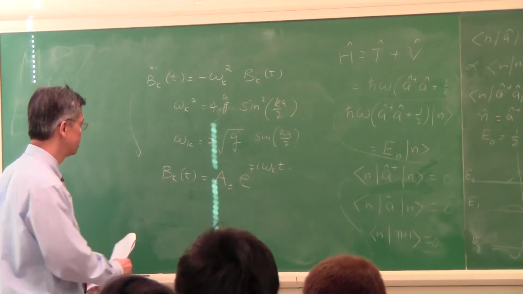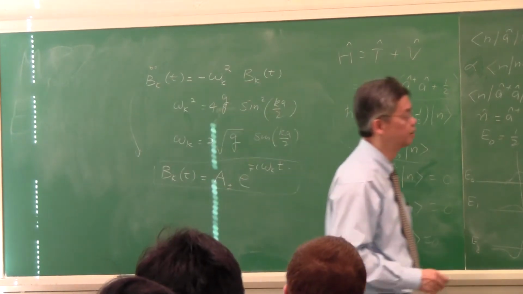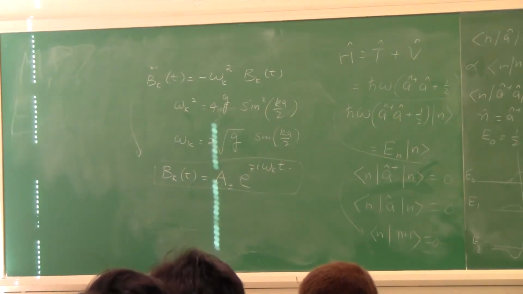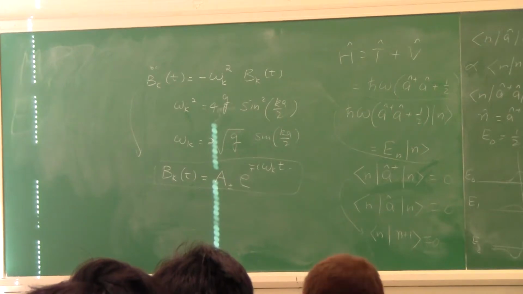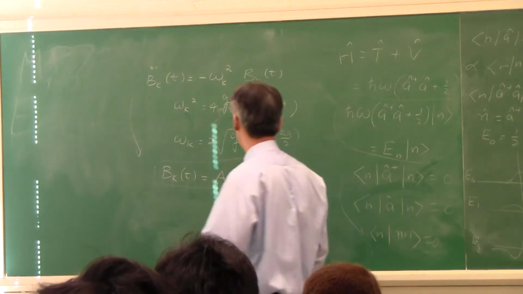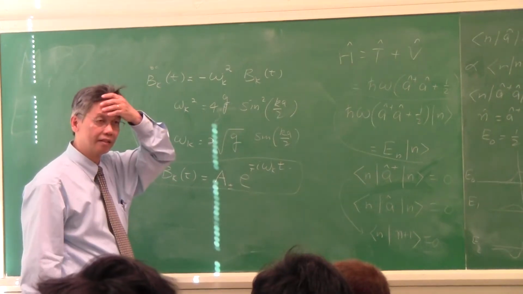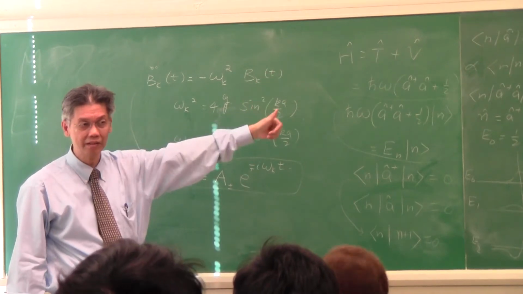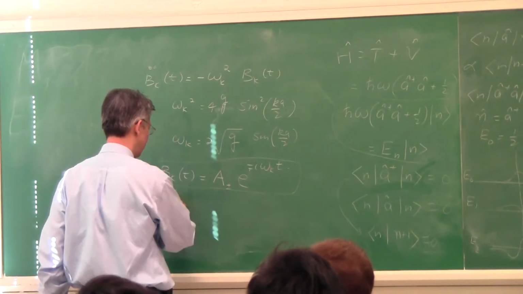And if you incorporate this solution together with this wave number, what kind of wave do you see? You see a traveling wave that travels to the right or one that travels to the left. So this is the traveling wave solution.